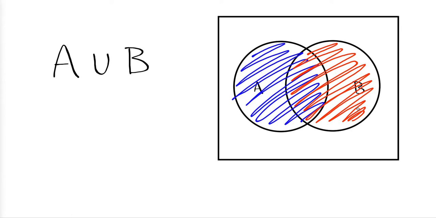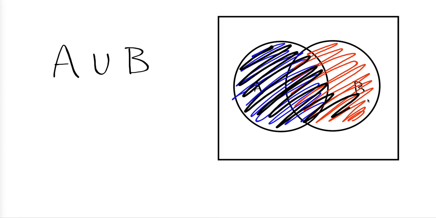Now, in the previous problem, we were looking for what they had in common, but what you said was perfect. The union symbol means you put them together or combine them. So the final shaded section would be wherever anything is shaded. That would be the final answer.